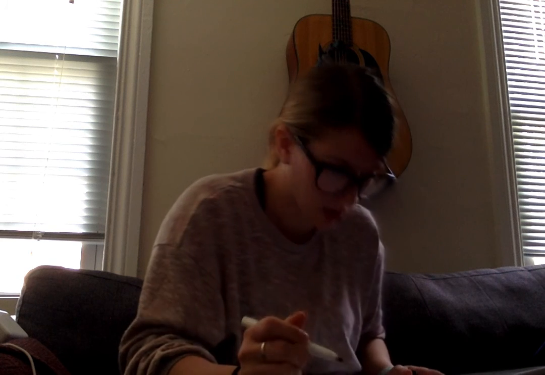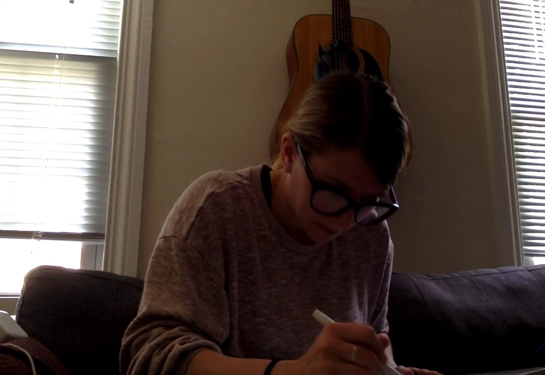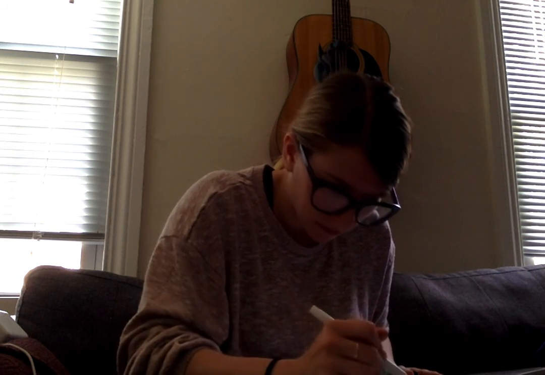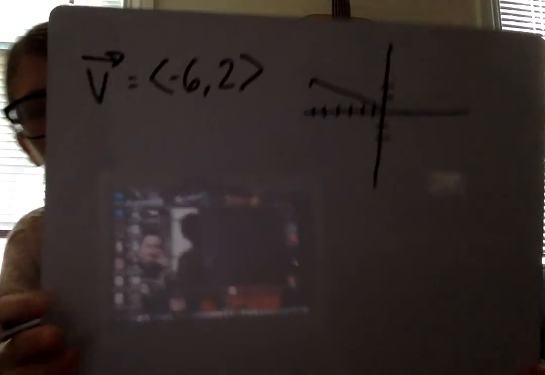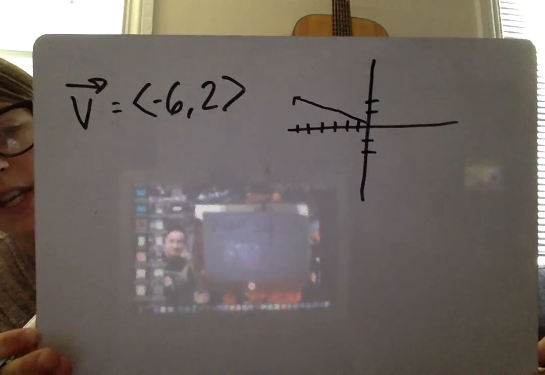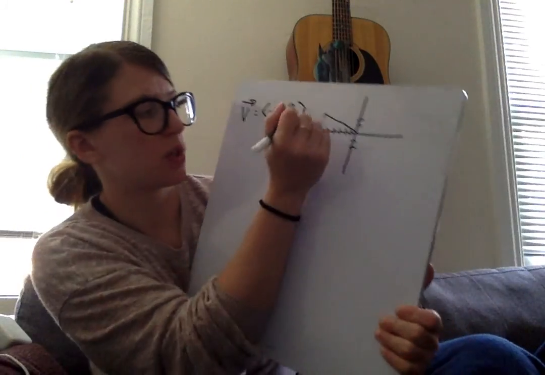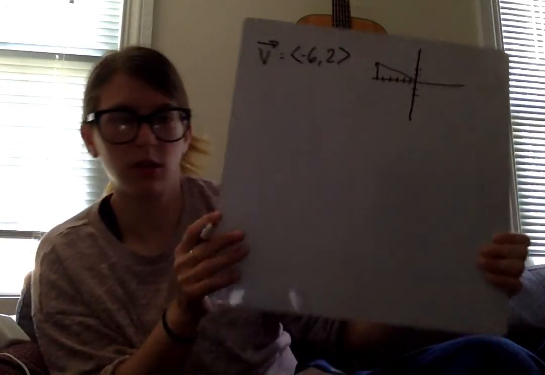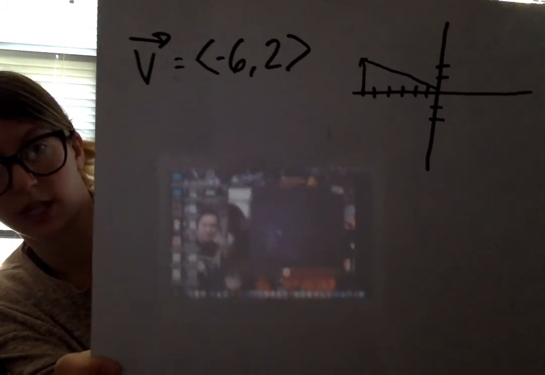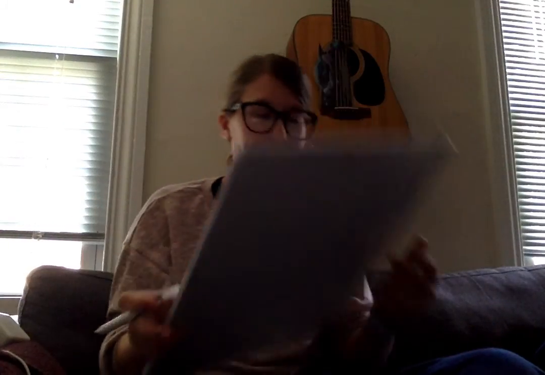So it's there in the second quadrant. We went over -6, we went up 2. So our triangle will look like that. And I'm going to draw a bigger version of our triangle.